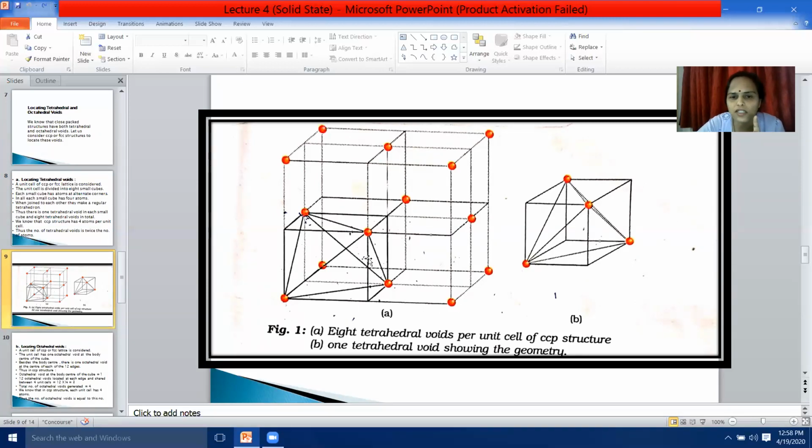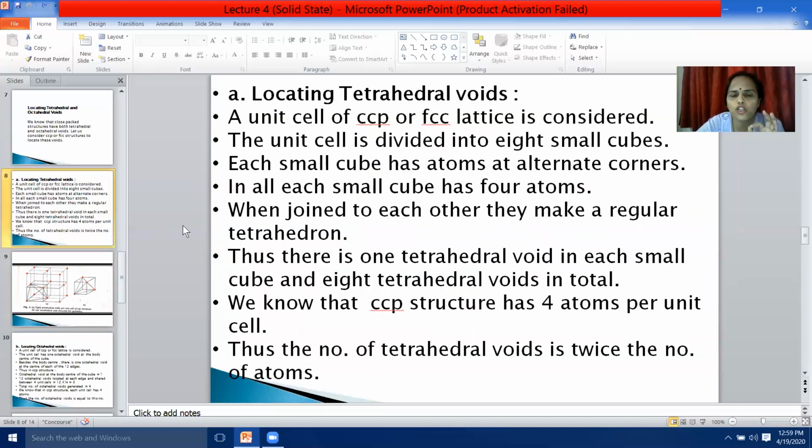So this diagram depicts 8 tetrahedral voids per unit cell of CCP structure. Why? Because this CCP structure consists of 8 small cubes.